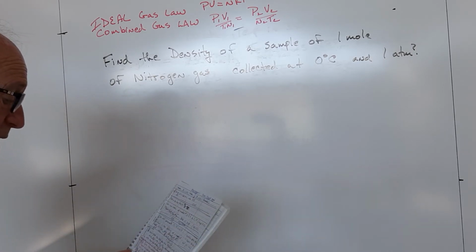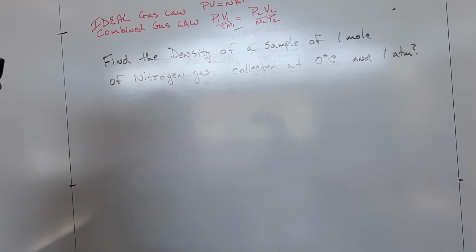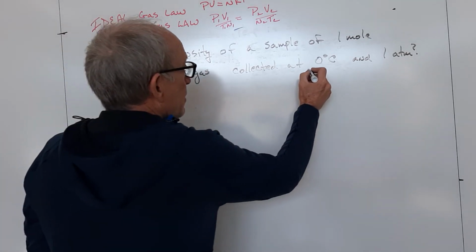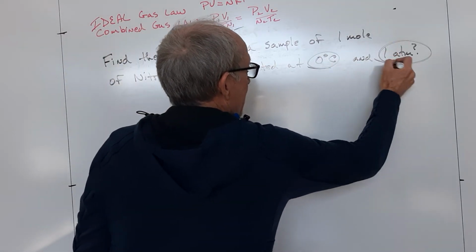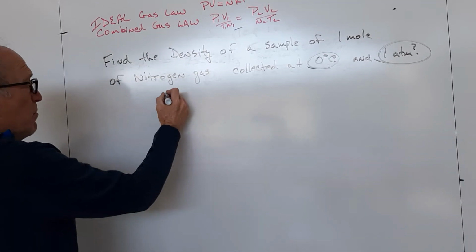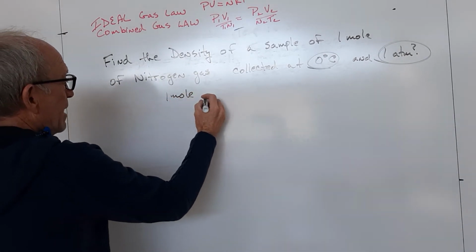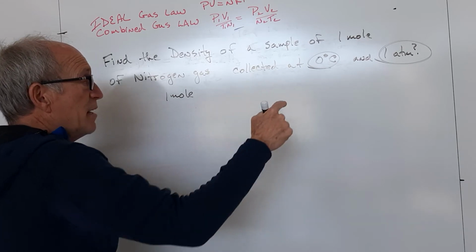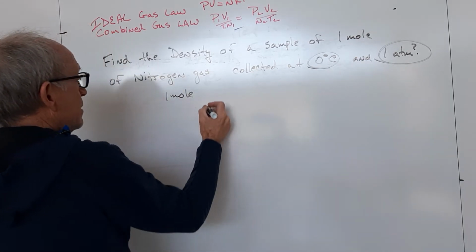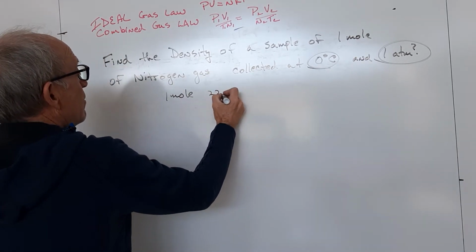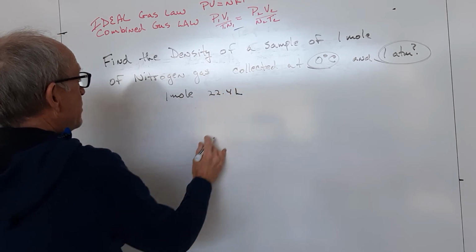All right, we're back. Let's take a look at this. Because it is 0 Celsius and 1 atm, I know that 1 mole of any gas at STP, which is 0 and 1, has a volume of 22.4 liters.